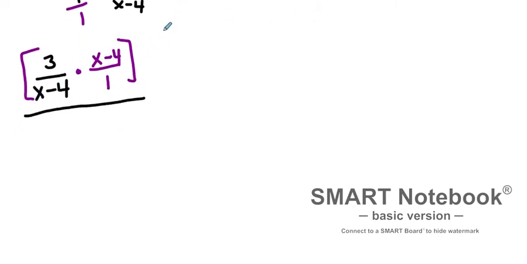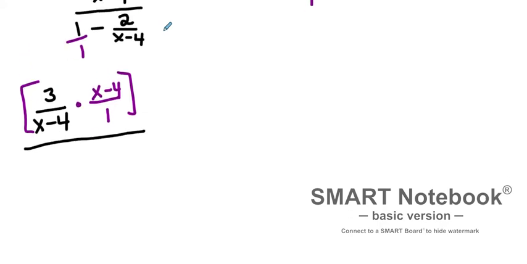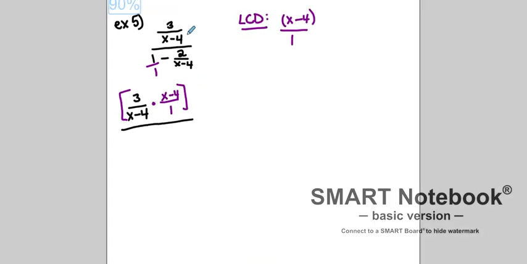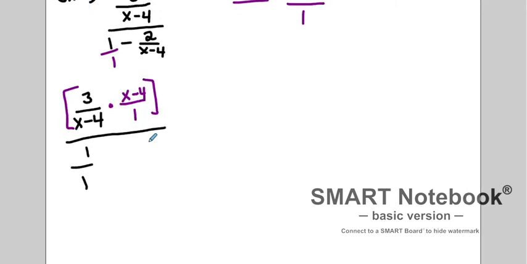Okay, all over, and then the denominator is 1 over 1, times x minus 4 over 1. All right, so that's the first part. Minus 2 over x minus 4 times x minus 4 over 1.